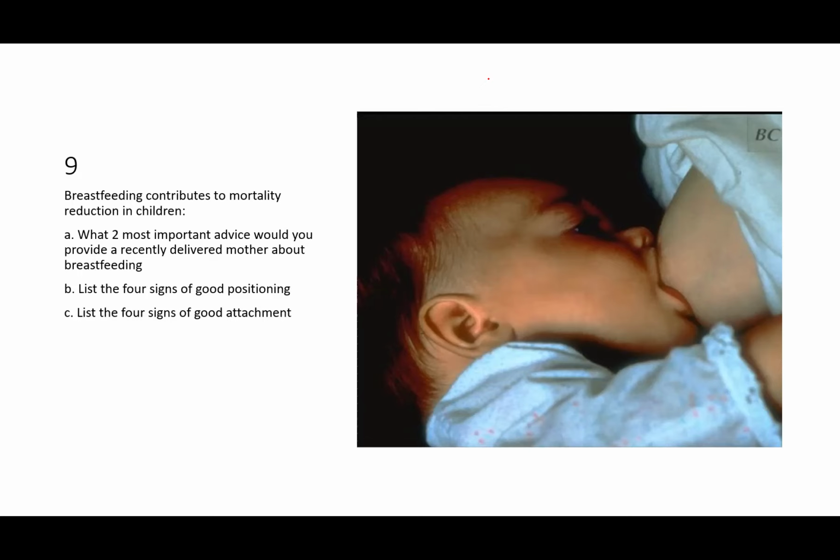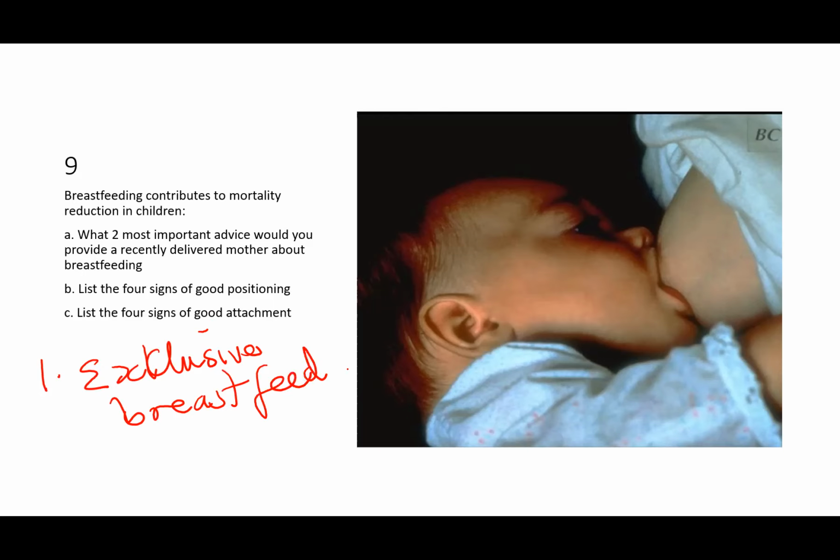You tell her one about exclusive breastfeeding, exclusive breastfeeding for the first 6 months. Then you add appropriate complementary feeds from 6 months up to the second birthday.